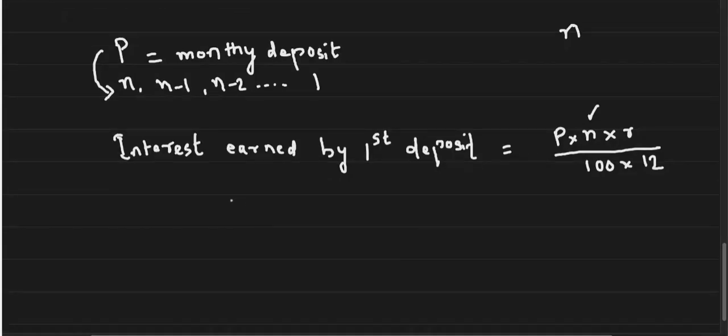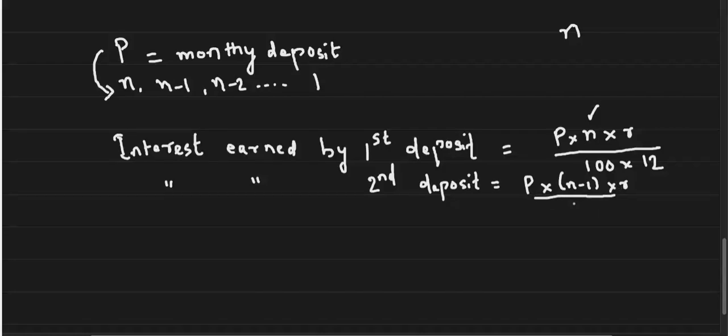What about the interest earned by the second deposit? Interest earned by the second deposit will be equal to P into N minus 1 into R divided by how much? Same, 1200, 100 into 12.